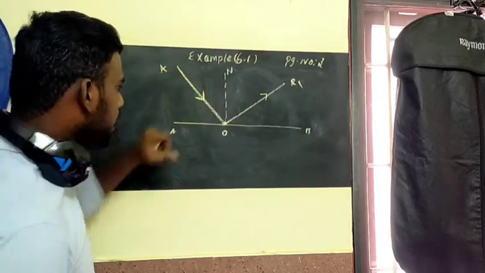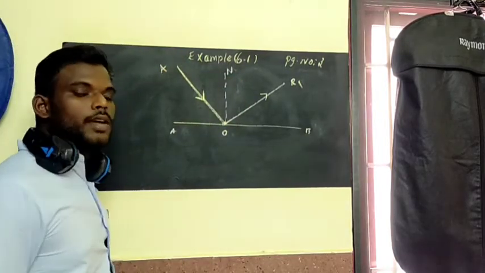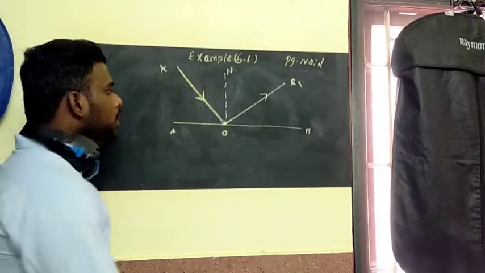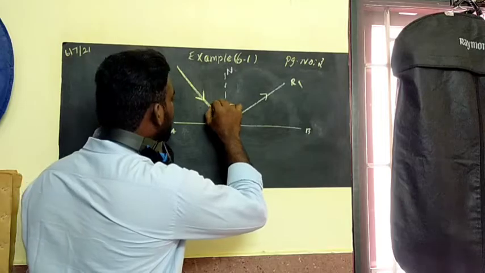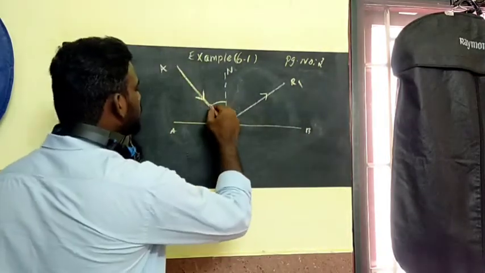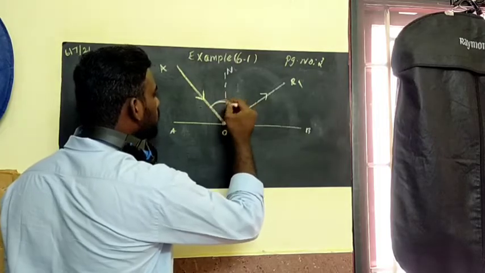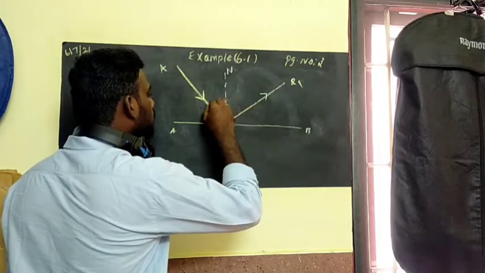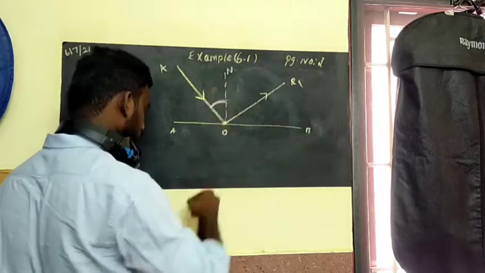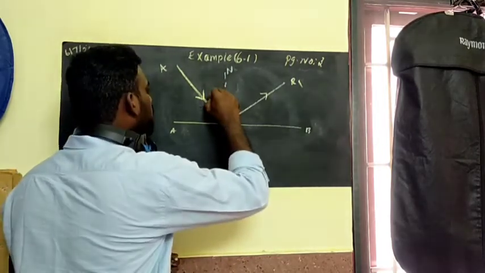This is the incident ray, and according to the laws of reflection, angle of incidence will be equal to angle of reflection. By using that, this angle I can take as angle i.